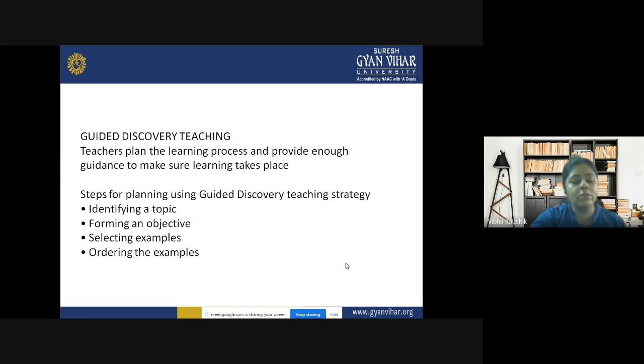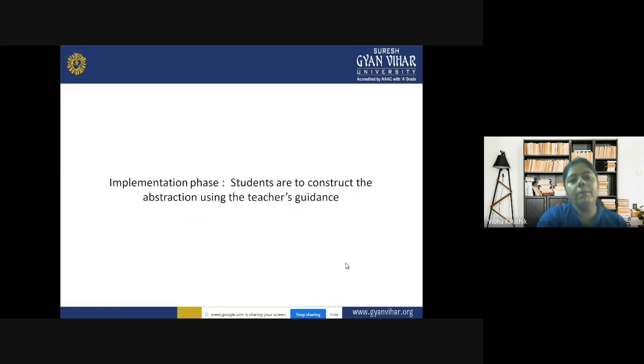Selecting examples, you have to select certain examples related to it. Ordering the examples means a proper order of examples should be prepared by the teacher. Implementation phase, students are to construct the abstraction using the teacher's guidance.